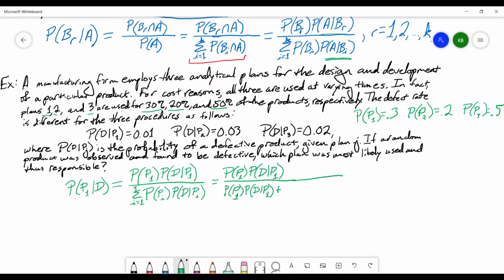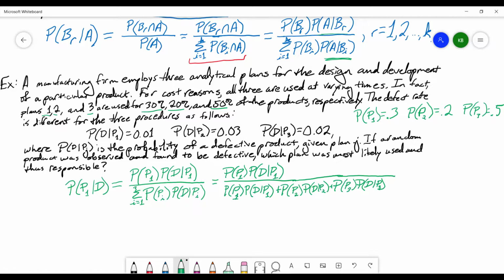So I'm going to add to that, plugging 2 in for i, incrementing up by 1. So the probability that P2 was used times the probability that it was defective given that P2 was used, plus incrementing up by 1 on i gets me to 3, which will be my final element because that's what's on the top of my summation notation. So the probability of plan 3 being used times the probability of a defective product given that plan 3 was used.